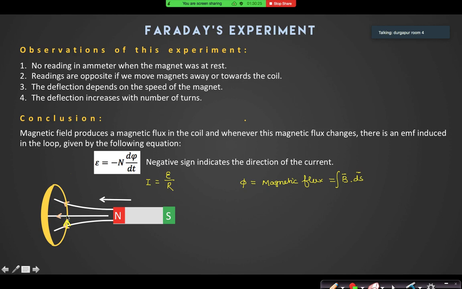Let us assume I do not know the direction of current. You assume the direction of current to be any direction. Either it will be clockwise or anti-clockwise. Suppose this part is coming out of the plane, and this is going into the plane.